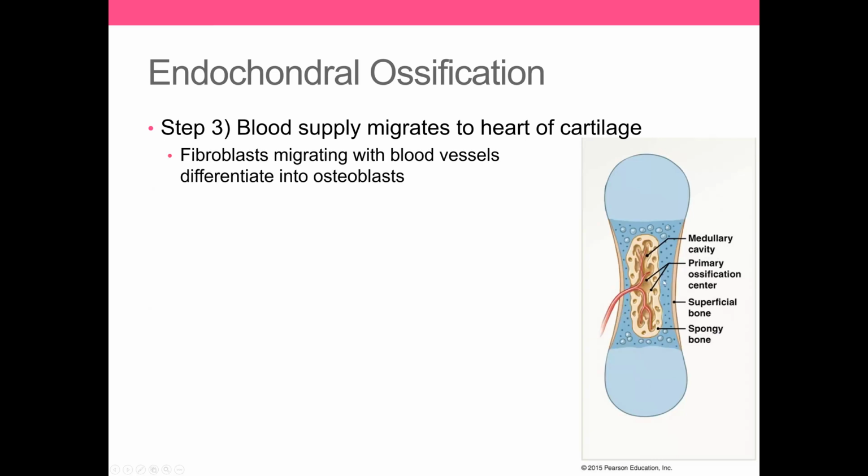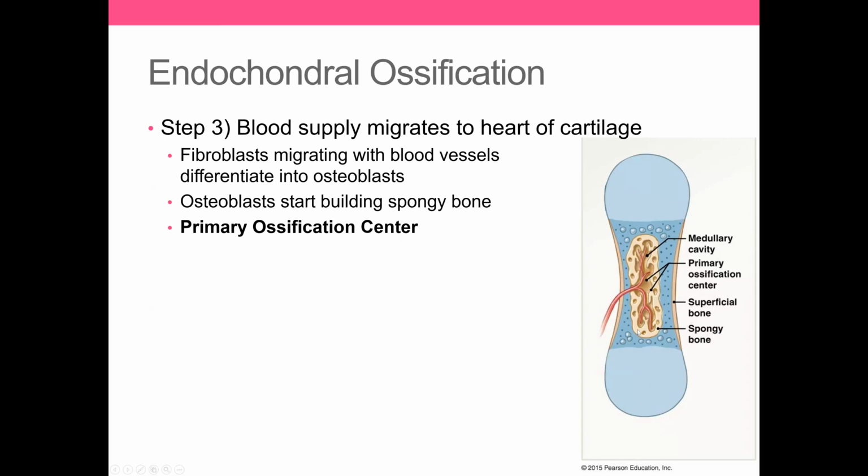There are fibroblasts that migrate along with the blood vessels, and these are going to differentiate into osteoblasts. And again, remember, osteoblasts make new bone. So the osteoblasts are going to start building spongy bone made out of those trabeculae that look like little struts. We call this the primary ossification center because it is the first part of this cartilage model that is getting turned into bone, right? So it's the primary or first ossification center.